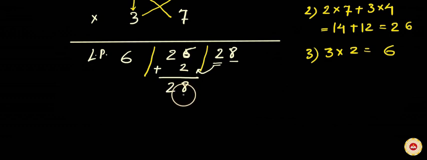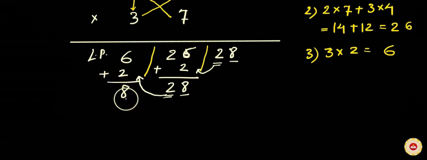So we are going to retain 8, which is at the units place, and we are going to pass this 2, which is at the tens place, the higher place digit, to its immediate left part, which is the leftmost part, and passing means adding. So let us add this 2 to the left part, 6. 6 plus 2, 8. Now the left part is 8.